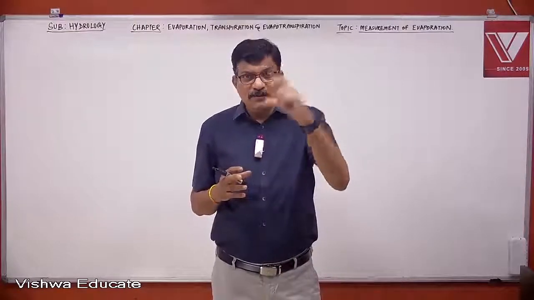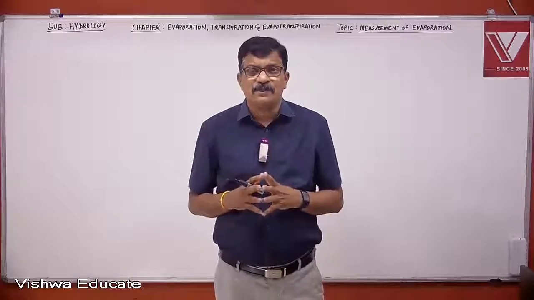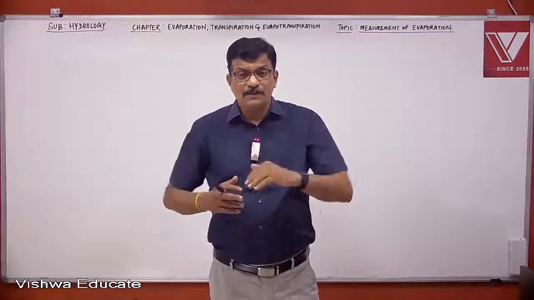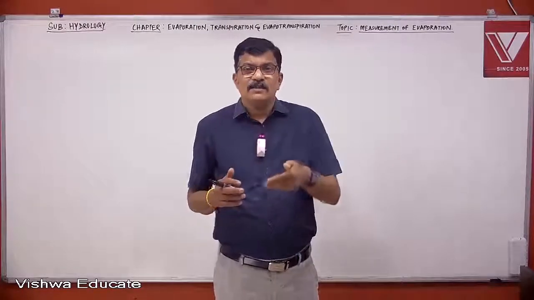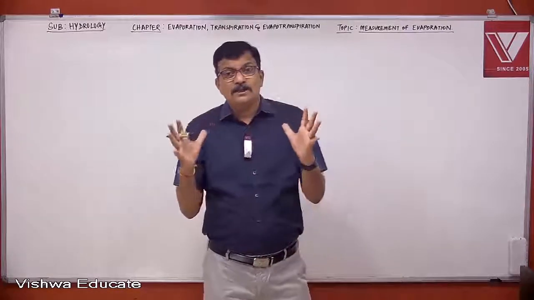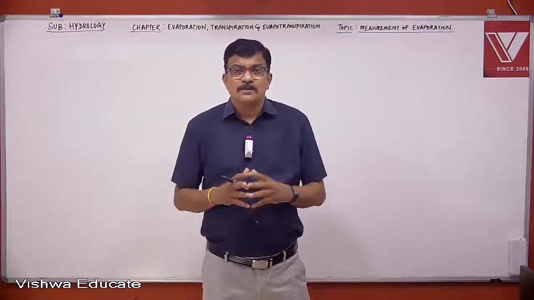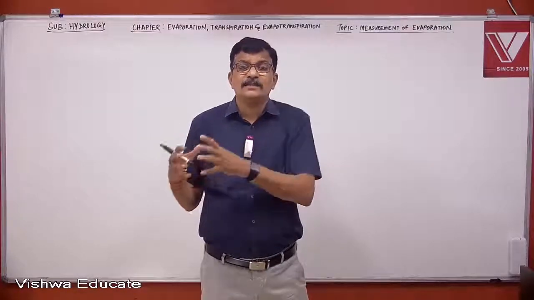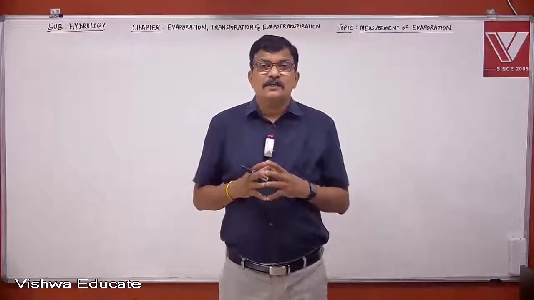The volume of refill divided by the area of the pan will give us the depth of evaporation directly. Now what might happen if there is rain around the water body? This pan, of course, is open to the sky, so it will also act as a rain gauge and will start collecting the rainwater.